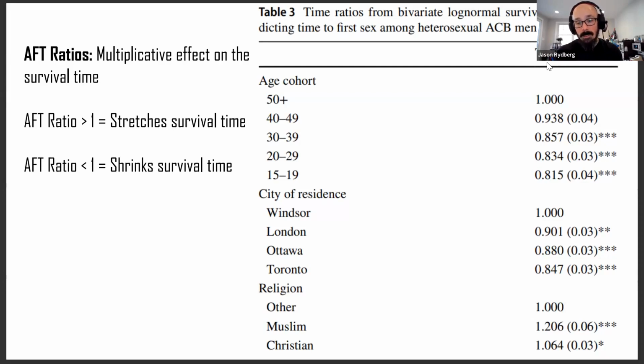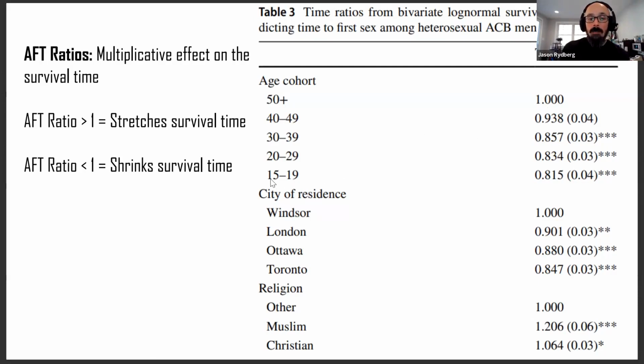So again, you might want to pause this and take a look at a few of these different parameters and see what you could do about interpreting these. What do they suggest? Here, they have 50 plus year olds as the reference category.